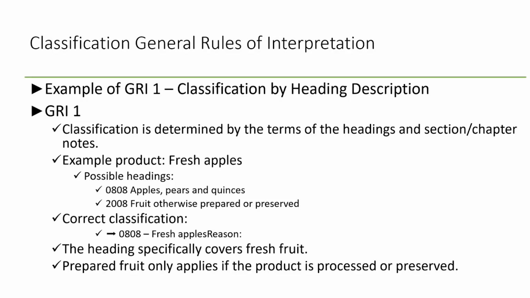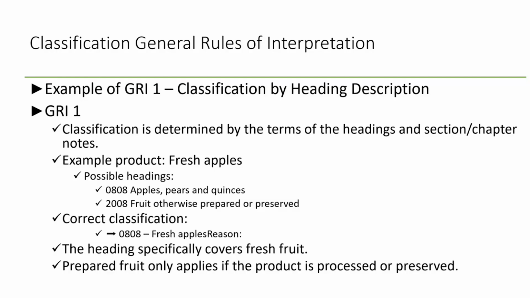So if you went in and did a search, you might be using the Tariff consultation, the UK Tariff or the Northern Ireland Tariff consultation, and if you did a search under apples, it would probably bring you up two possible headings, right? The two possible headings are under completely different chapters.